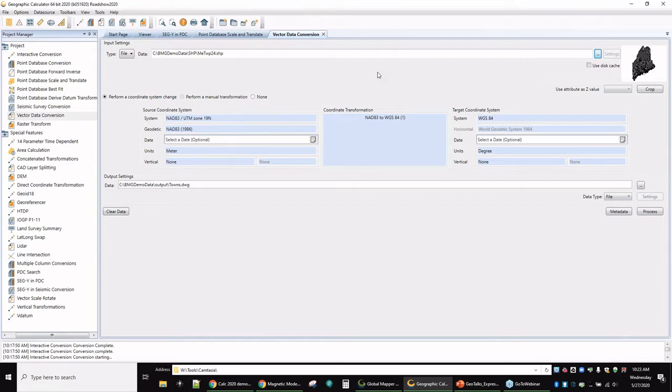I see some questions coming in about the relationship between Geographic Calculator and Global Mapper, and why we might want to do this in Global Mapper when that's a very efficient tool for that type of work as well. The main reason for that is Global Mapper has a much simpler geodetics engine under the hood. It is definitely capable of doing transformations, but there are a number of types of transformations that it is not able to support with the engines that it has in its use.